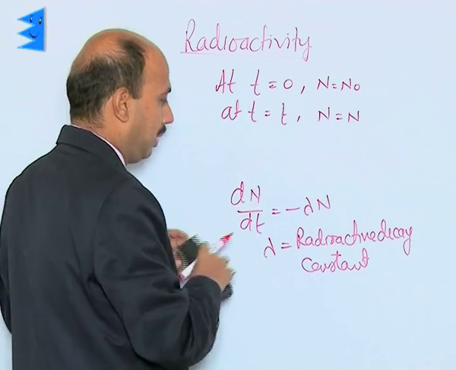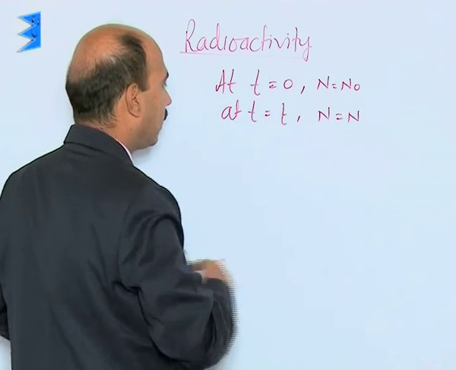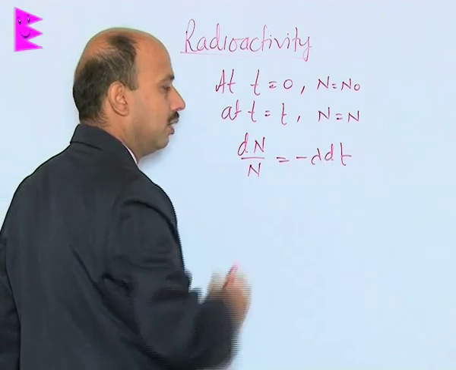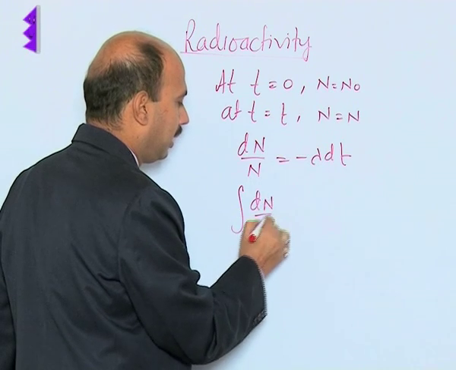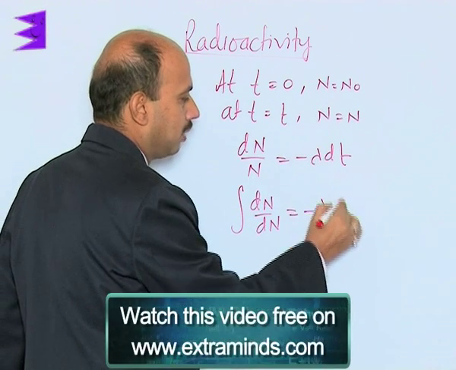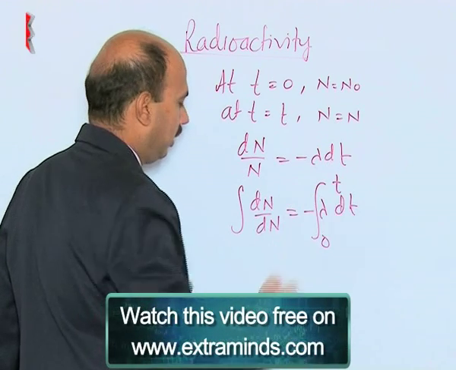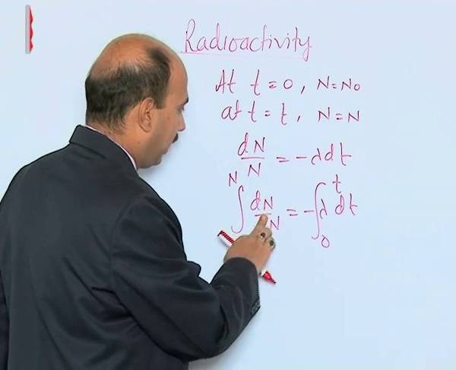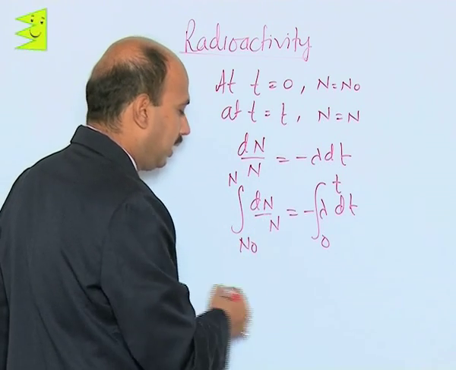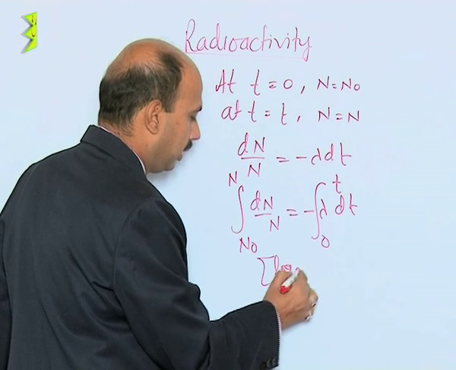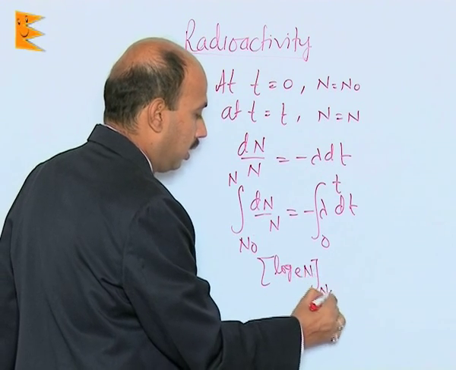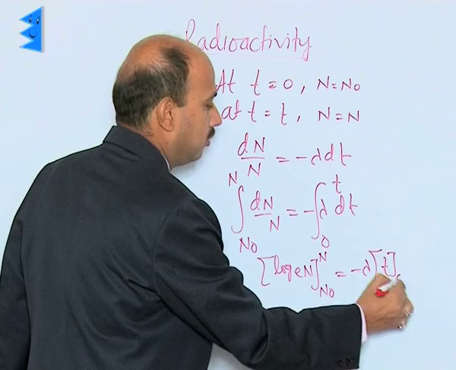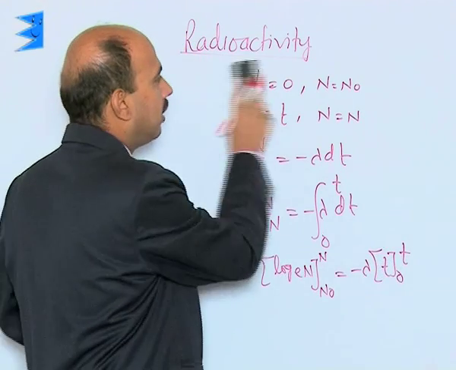When we integrate it, we will be getting dN/N is equal to minus lambda dt, integrated from 0 to t, and for N we take N naught to N. So its integration is log e N from the lower limit to the upper limit, which is minus lambda t from 0 to t.